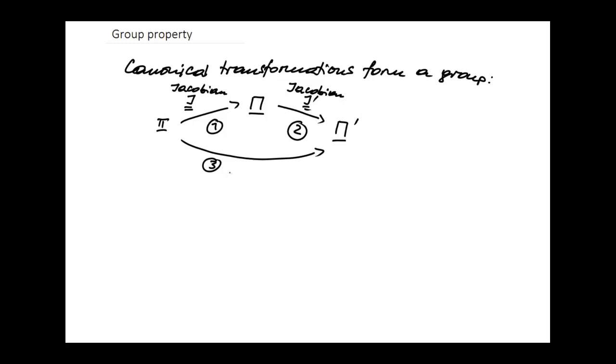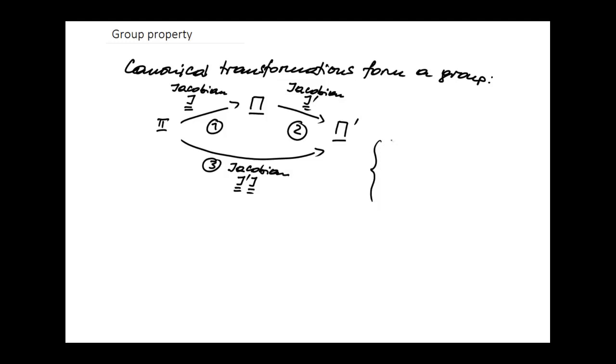The Jacobian of that transformation is the product of J prime with J, the matrix product of J prime and J. So let's check that the Jacobian of this third transformation is really the matrix product J prime and J. What is the Jacobian associated with this third transformation?